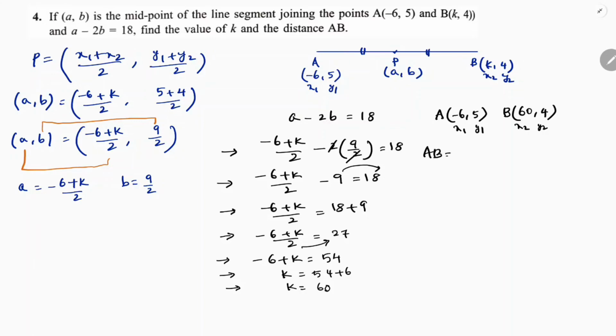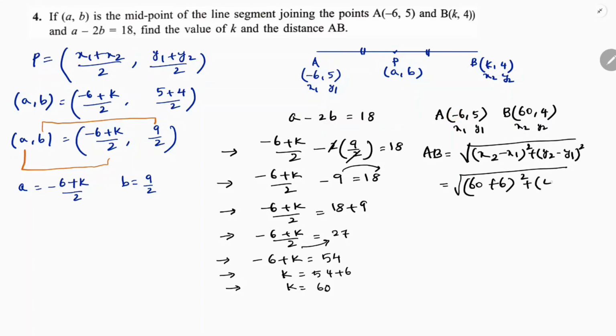The distance formula is the square root of (x2 minus x1) whole square plus (y2 minus y1) whole square. So under root, (60 minus x1), but x1 is minus here, so minus of minus, plus 6 whole square, plus (4 minus 5) whole square. Now here 60 plus 6 is 66.